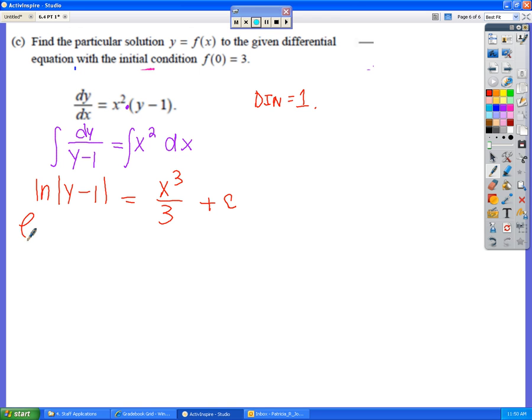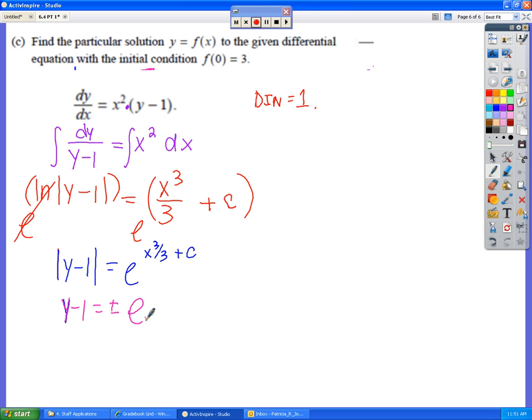So take both sides to the e power, cancel, and I get the absolute value of y minus 1 is equal to e to the x cubed over 3 plus c. And then from there, remember, we do eliminate the absolute value by using a plus or minus.